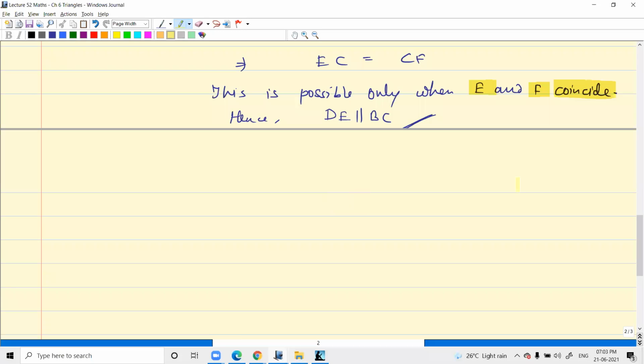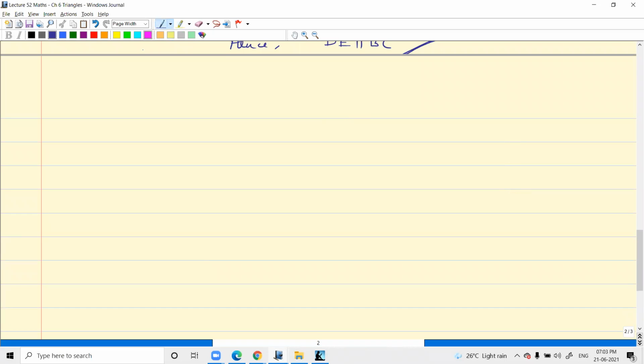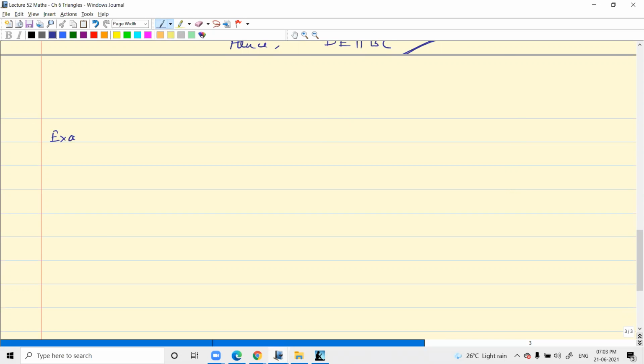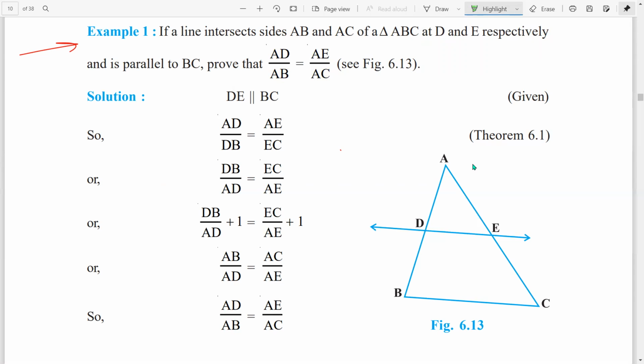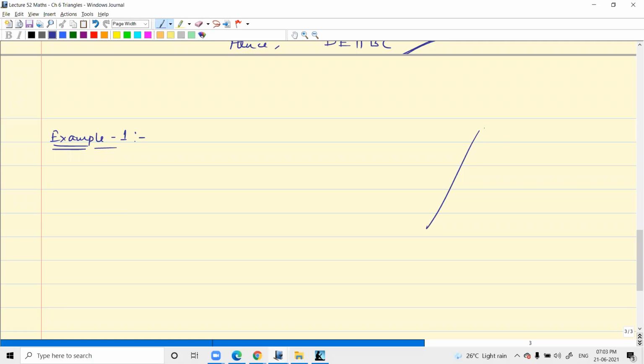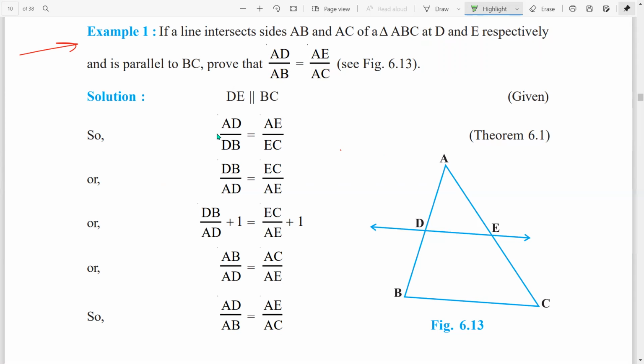So let me tell you a little bit about this example 1, what's happening here, for those who need it. See, this is a very similar situation to your BPT, the theorem which we had proved. There is a triangle ABC, and there is some line passing in between, and the points of intersection are D and E. They're asking us to prove AD by AB is equal to AE by AC.